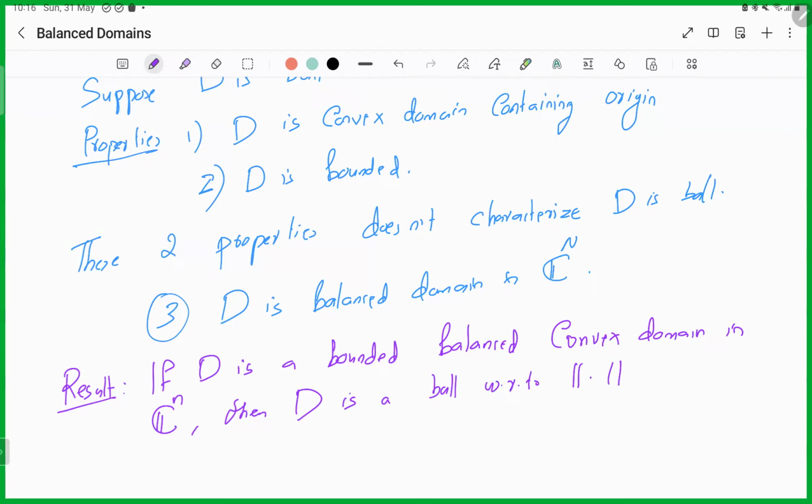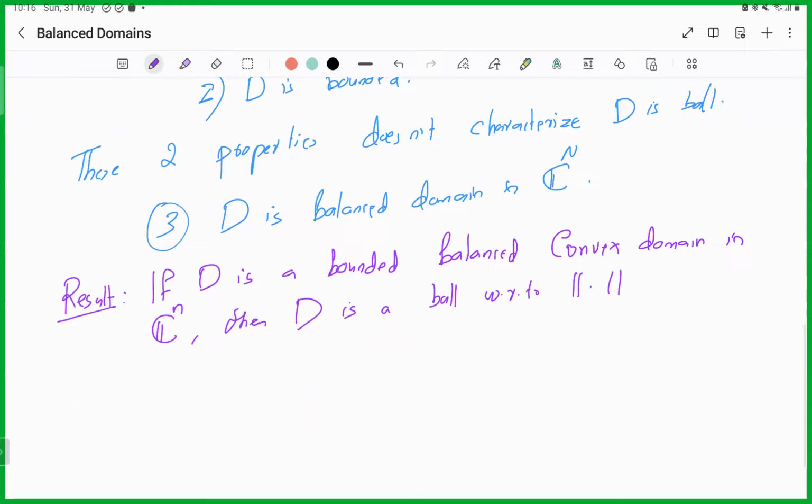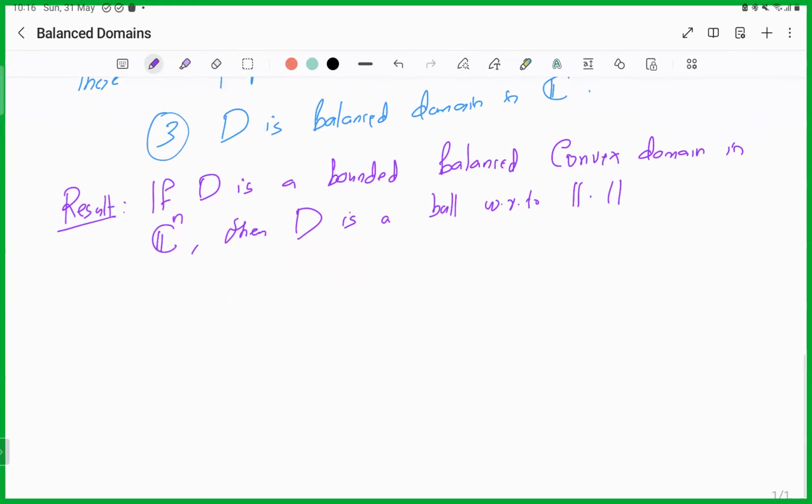We are going to explicitly find a norm and then prove that D is a ball with respect to it. This is an interesting result. The proof is very simple, but this is an interesting result. We will see the proof later. I think everyone understood that. Any doubt, you can interrupt. Okay, let us start. The definition of a balanced domain.